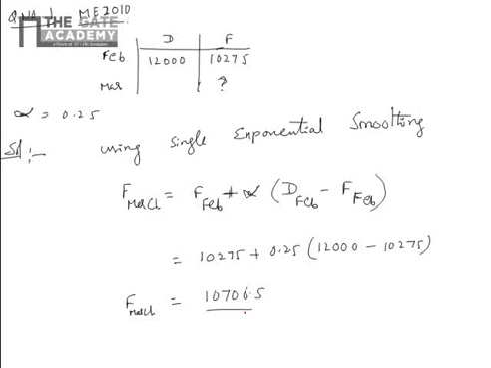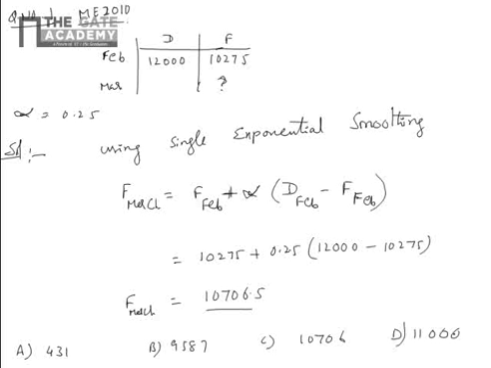So that is the answer. The options he has given are A 431, B 9587, C 10706, D 11,000.